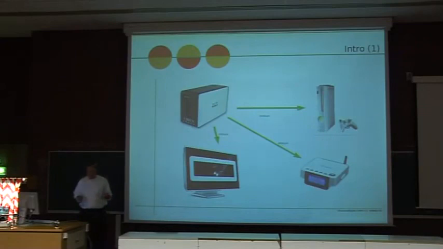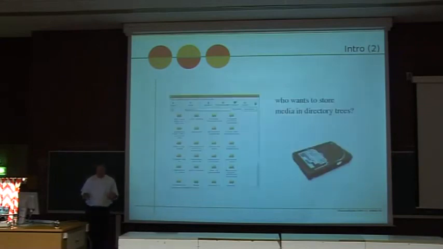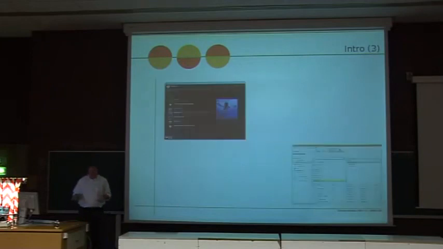But that is a little bit cumbersome, because actually you don't want to put your media into a file system and arrange the thing in directories. That's not the way you organize your data. Think about a media center application, like Elisa.